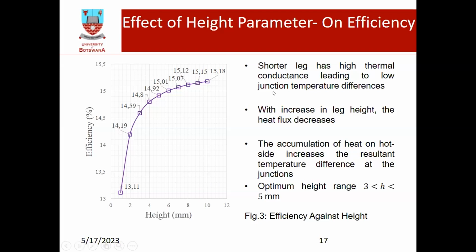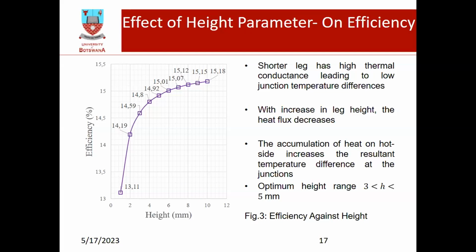Now, it is important to mention that the optimum parameter for power is different from the optimum parameter for the efficiency, because the thermoelectric legs differ in nature, so they behave differently at different parameters or at different material volumes.